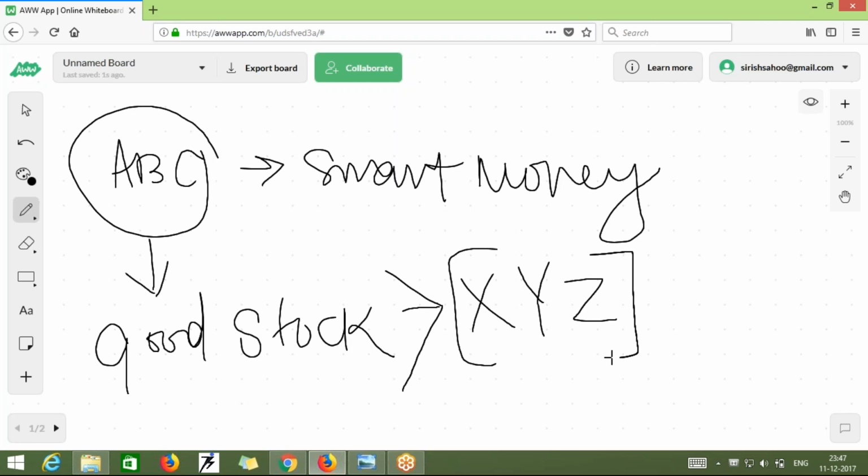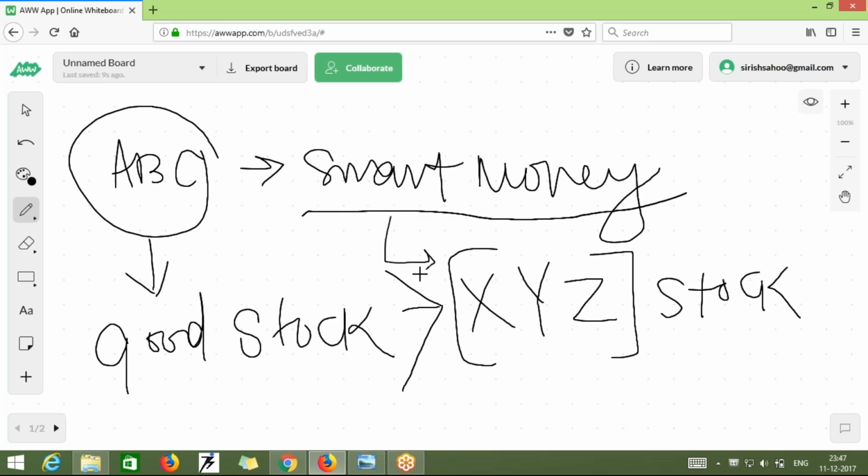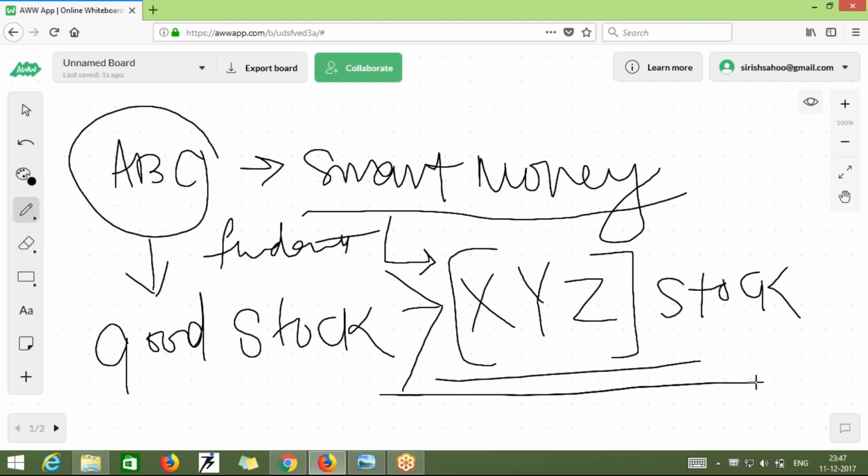For example, not being stock specific, I will take XYZ as any stock. So ABC chose XYZ as stock. He or she reviewed the fundamentals and everything looks good. So the smart money reviewed XYZ with the help of fundamentals and started investing in this stock. Now let's see the next thing, what exactly is going to happen.